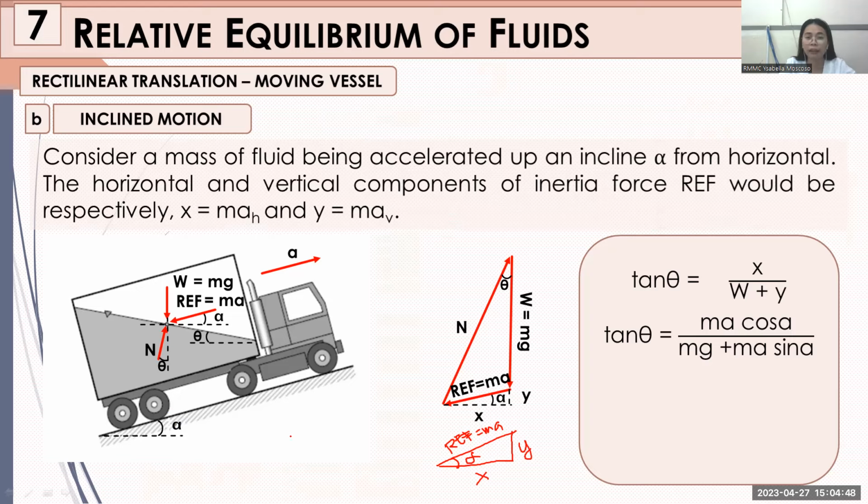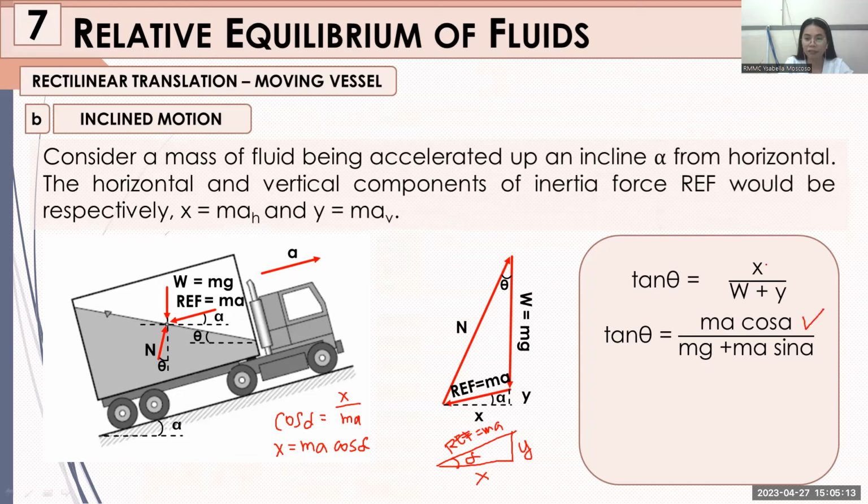Tama ba na that is cosine? No? So, cosine of alpha is equals to adjacent over hypotenuse. Cross multiplication. Therefore, x is equals to mass acceleration cosine of alpha.